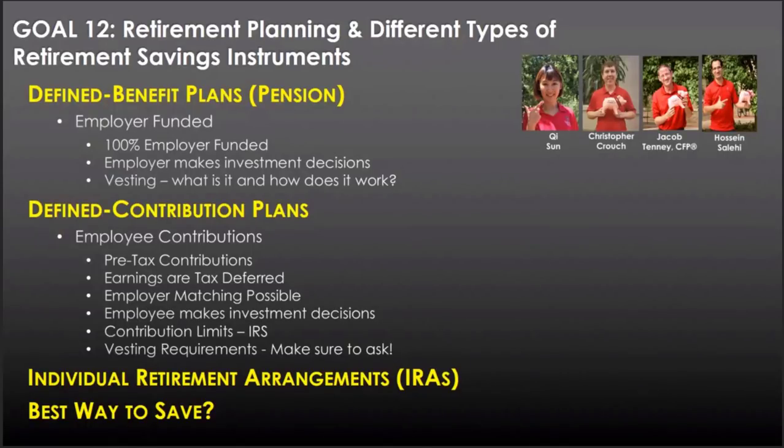If you are the employer, you prefer to take just a really minimum amount of risk for your retirement plans. But for defined contribution, because employees are going to invest and make investment decisions, they can simply match their portfolio risk with their risk tolerance. Okay, so that's why we can say that, on average, defined contribution plans have a higher rate of return.